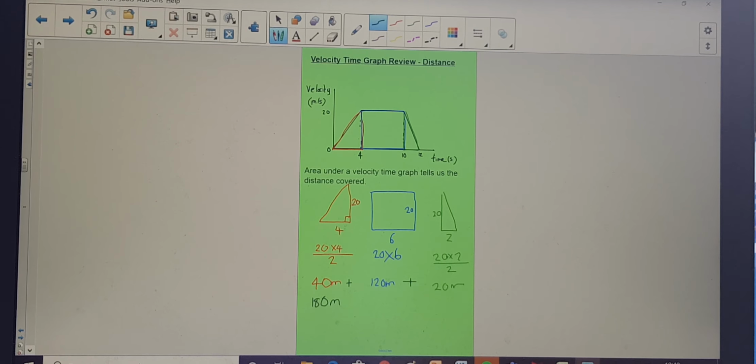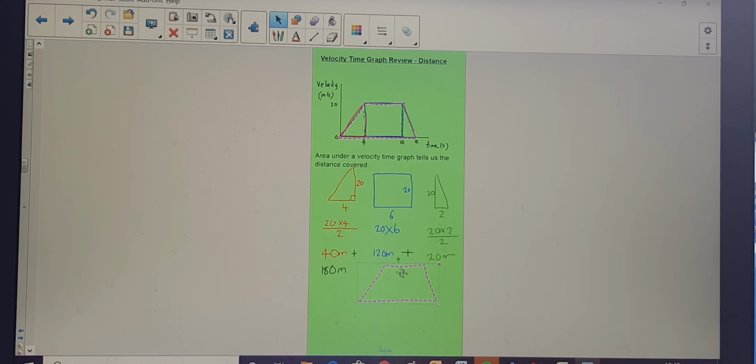Now, if I wanted to be real clever, I might have instead said that all of this shape is just a trapezium. And then I'd work out the area of that trapezium. You don't have to use this method. Just showing you it because you're such a capable class that I feel it's interesting to look at both methods. So I know the length across all of the bottom is 12. I know that this bit, the other parallel side, the difference between 10 and 4, is 6.